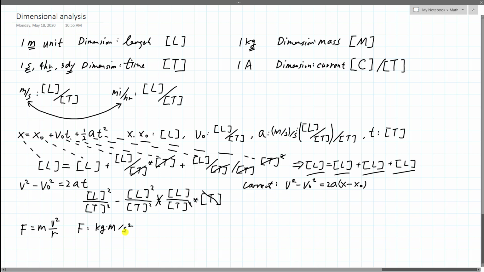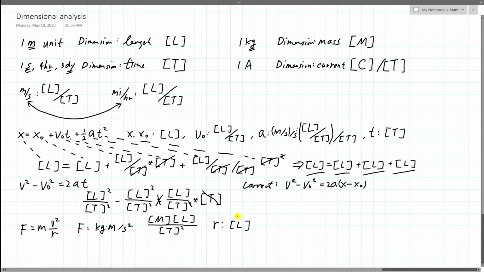That's 1 Newton of force. So anyway, this one has a dimensionality of kilogram, which is mass, and the meter, that's not mass, right? Meter has a length unit, and is divided by second squared, which is the time unit squared. So that's the dimensionality of F. And we'll just assume that r has a dimensionality of length, just a length, radius, right?